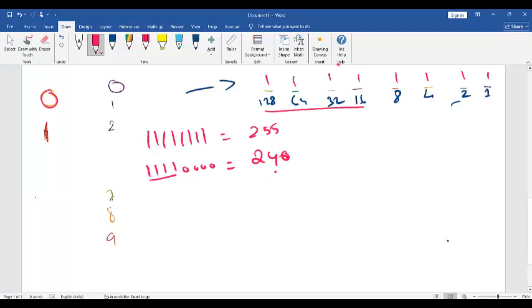You know how I got this 240? I can add these 4 numbers, 128 plus 64 plus 32 plus 16, or total is 255 minus this one. This is 15. 255 minus 15 is 240.